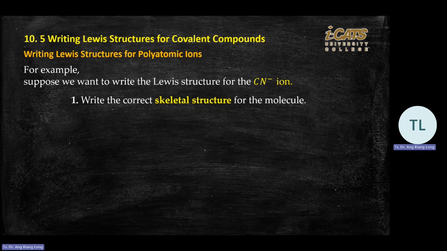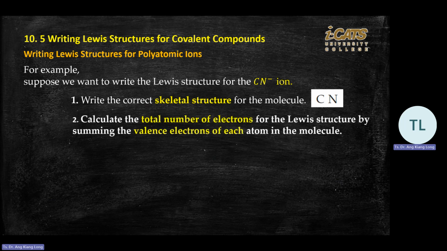You just write C and N. Again, for the skeletal structure, I expect you to write the elements only without the dots. If you skip to step number 2 and give me dots, there are no marks for this one. I'm looking for you to show me how you do the skeletal structure.